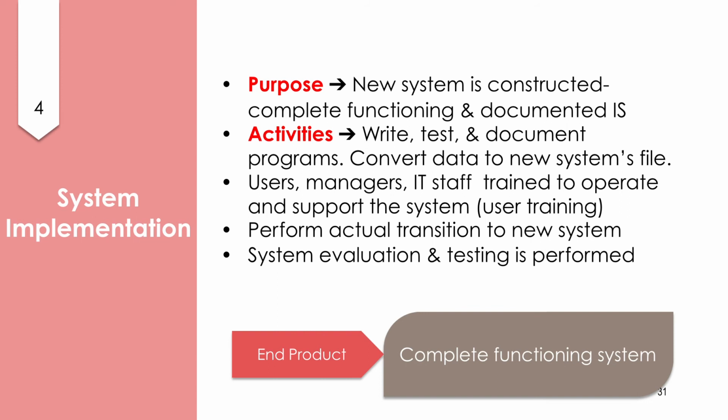Okay, you migrate the data, and you migrate the system from the old or previous system to the new system. And in this phase also you have to do the system evaluation and testing. Alright, so you have to do the system evaluation and testing in system implementation. Okay, so the end product of this phase is the complete functioning system. Okay, complete functioning system.